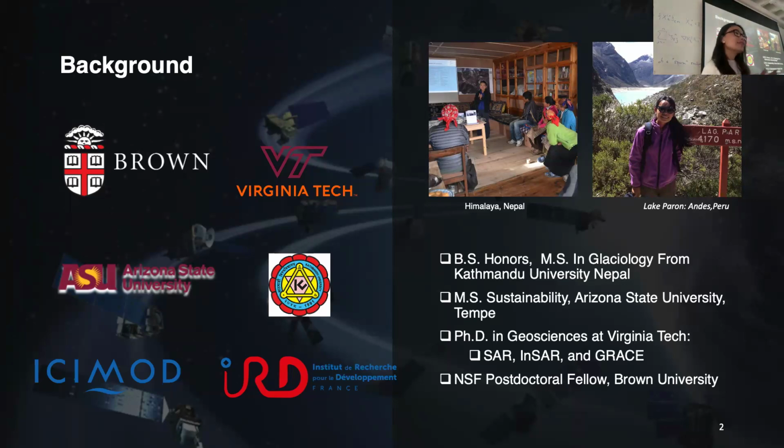Then I moved to the US. I did my master's of science in sustainability from Arizona State University. Then I did my PhD at Virginia Tech, where my research was entirely focused on space-borne remote sensing, more specifically synthetic aperture radar, interferometric synthetic aperture radar, and GRACE, which is a gravity-related satellite that measures total water storage changes. And currently, I'm an NSF postdoctoral fellow at Brown.